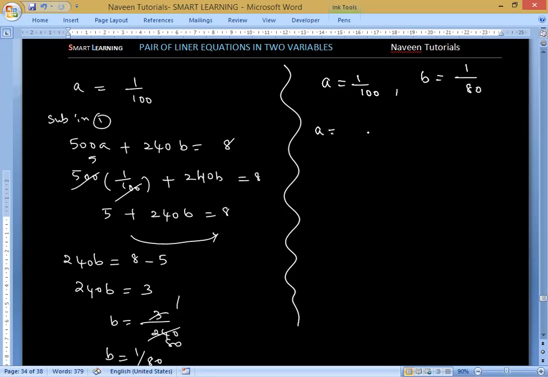But A is equal to 1 by X, so 1 by 100 is equal to 1 by X. Then X is equal to 100.